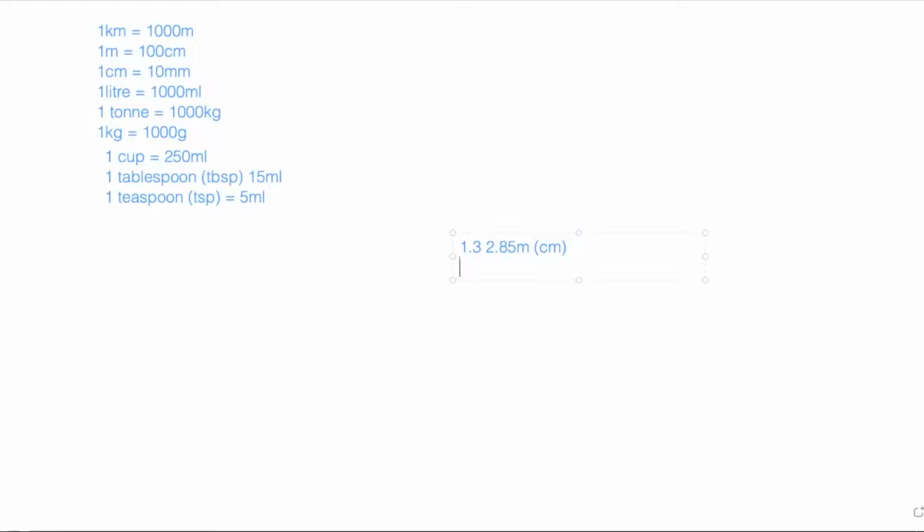Since a meter is larger than a centimeter, when we want to convert from the larger one to a smaller one, we multiply. So how many centimeters are in a meter? We go to our table here. There are 100 centimeters in a meter. Since 100 has 2 zeros, we move 2 places.